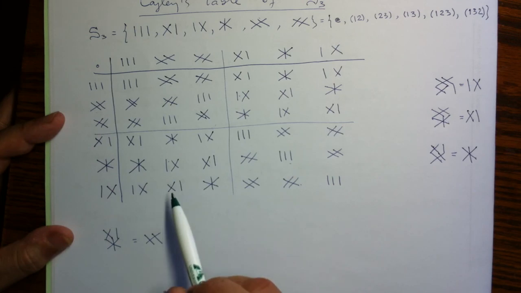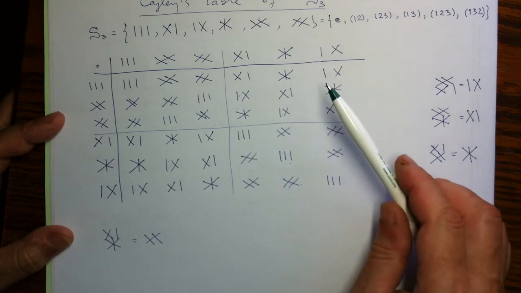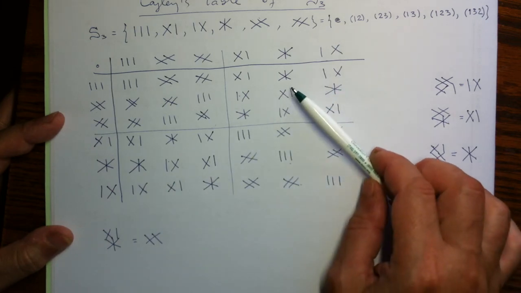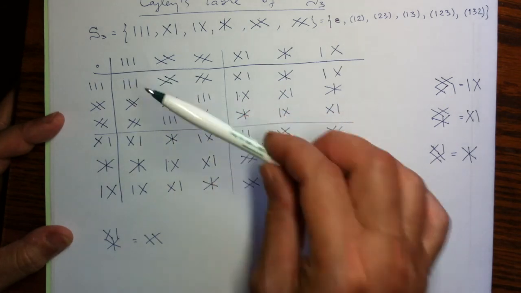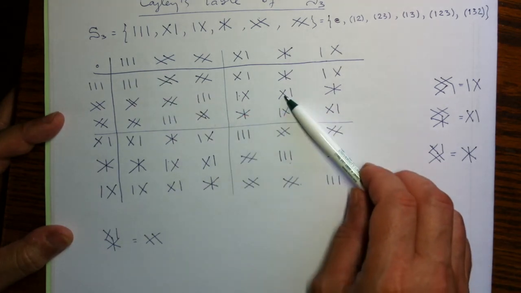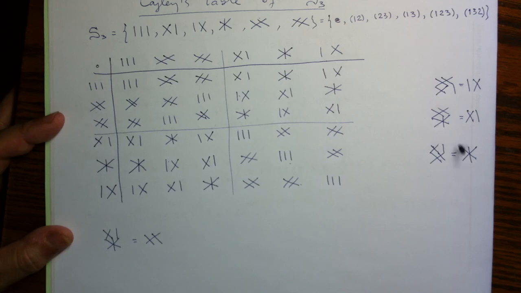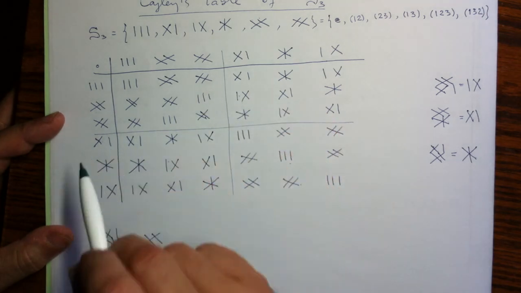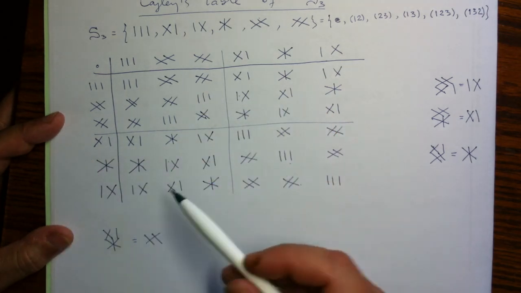Another thing to observe is that, as I said before, the table is not symmetric with respect to the main diagonal. So, for example, these 2 entries are different, which is saying that the composition is not commutative. And, well, it is commutative in this block, but not in general.